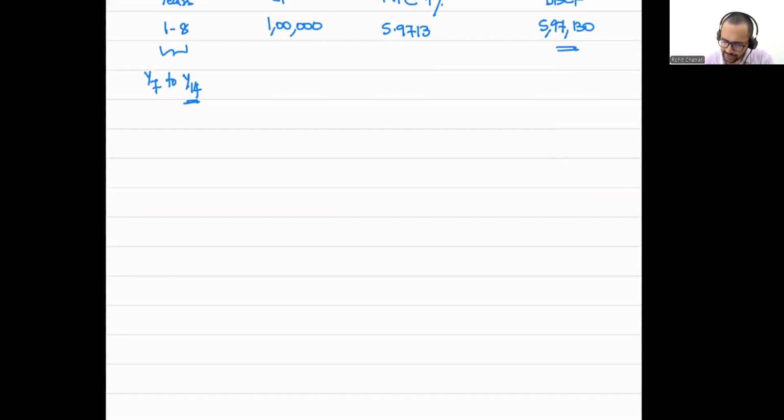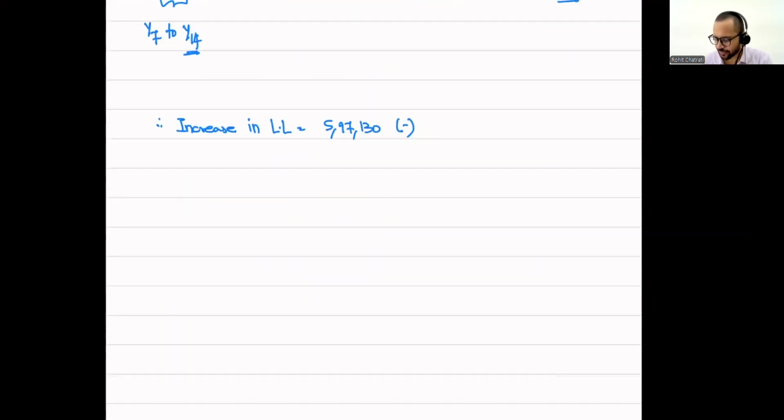Therefore, increase in lease liability is going to be equal to 5,97,130 less 3,46,512.3.